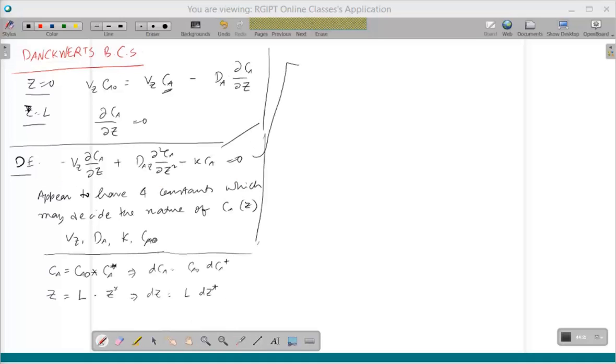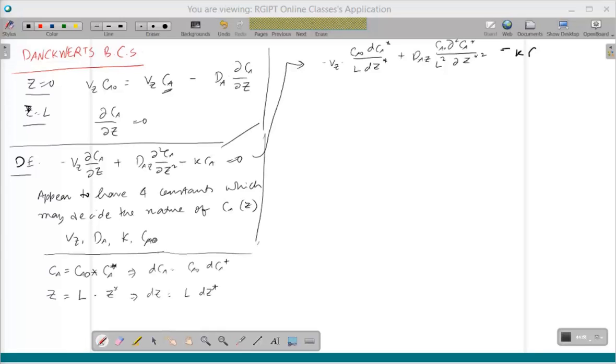That would lead to minus Vz into dCa/dz, which is Vz Ca naught dCa star by L dz star, plus Daz d²Ca, which would be Daz Ca naught d²Ca star divided by L² dz star², minus k Ca naught Ca star, equal to zero. You should be familiar with this procedure, I guess.